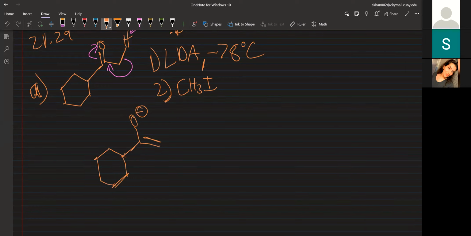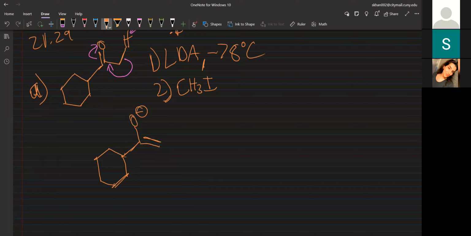Now, second step, what's the role of the methyl iodide here? Yes, it is going to be an SN2 type reaction. But is it a nucleophile or electrophile? Electrophile. Good.